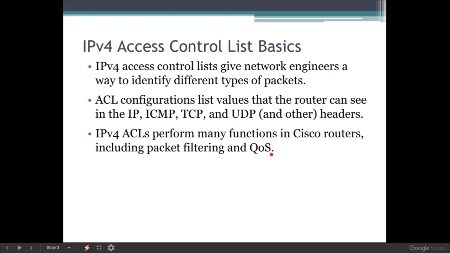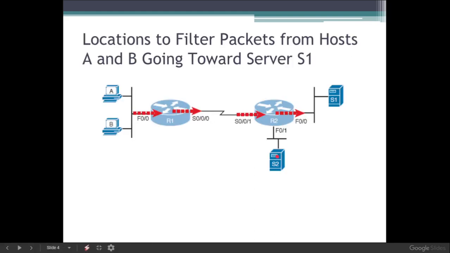All right. So where should we actually put the access control list? That's what we're asking here. It says locations to filter packets from host A and B going towards server S1. So we have host A here, host B, and the packets are going towards server S1.